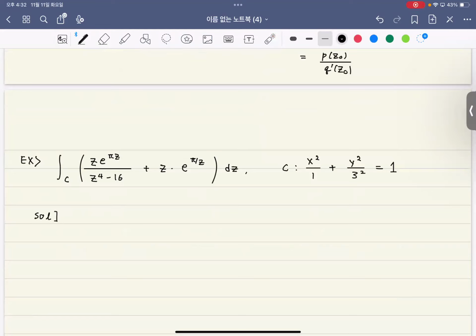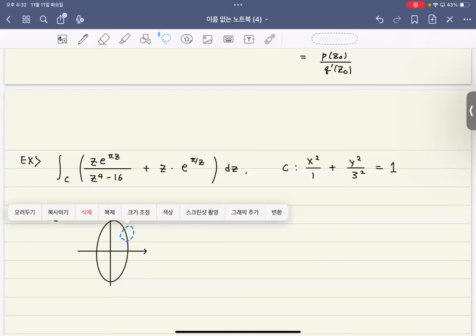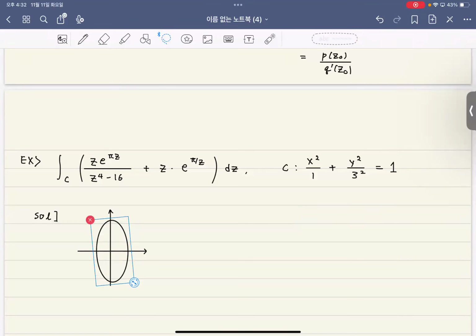As always, I will draw a picture. This is an ellipse, my ellipse, whose minor axis is 1 and major axis is 3.